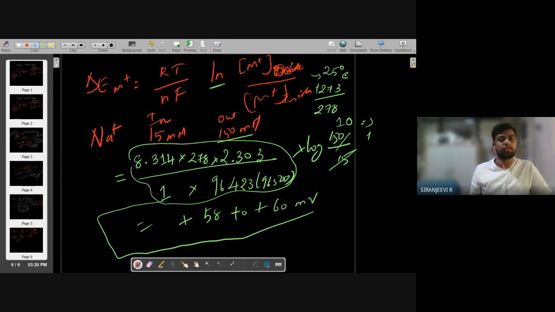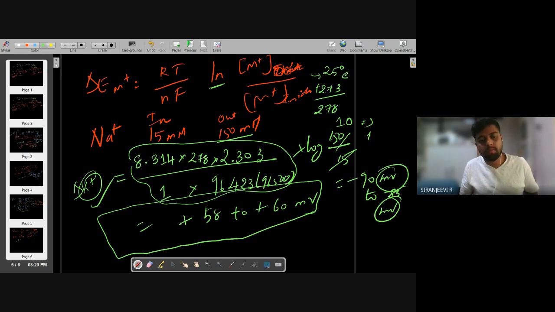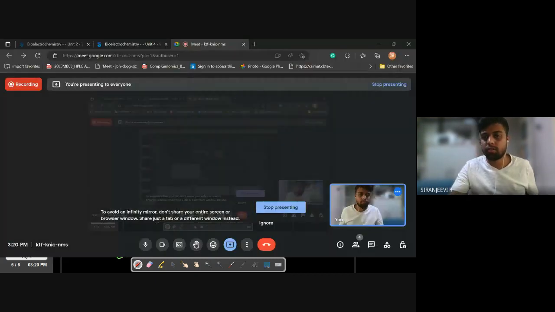The same concept the professor has done for potassium. There you will get around minus 90 millivolt to minus 85. Understood?